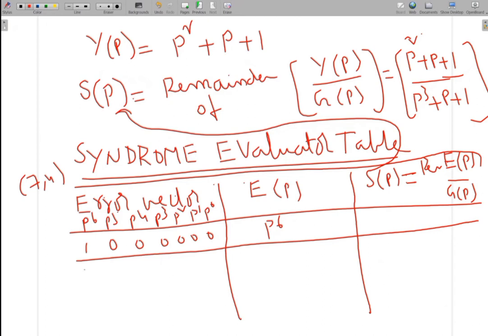Next one, second bit is corrupted: 0 1 0 0 0 0 0. That means p power 5.